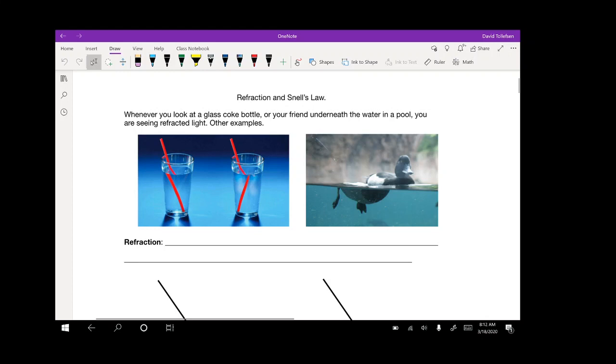So we've been looking at refraction, and you'll have noticed that light bends when going through different mediums. So I have a couple pictures here. If you've ever seen in your glass of water and you put your spoon in or put a straw in and notice how the light changes, and it looks like it's coming from a different direction even sometimes.